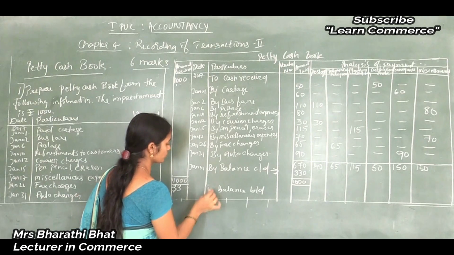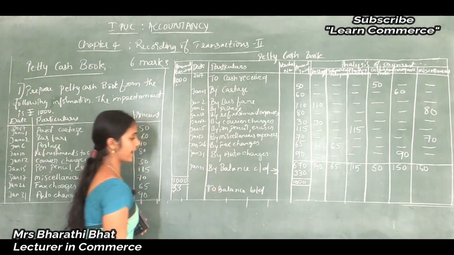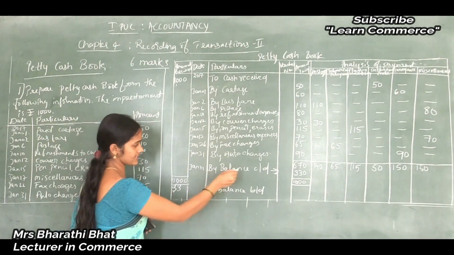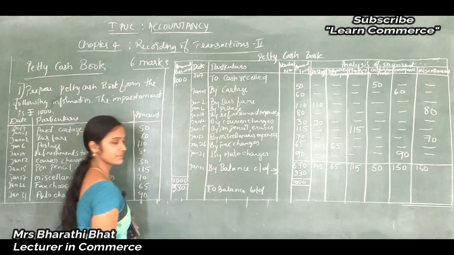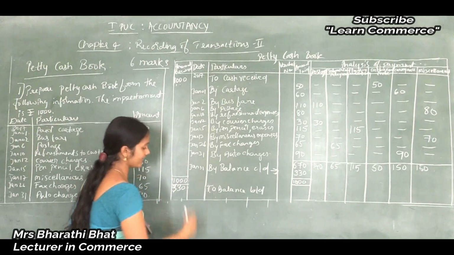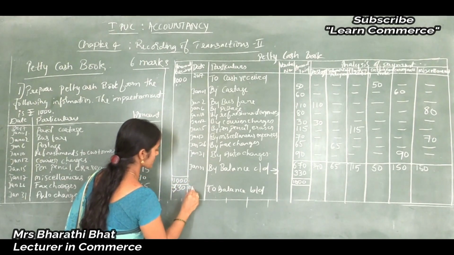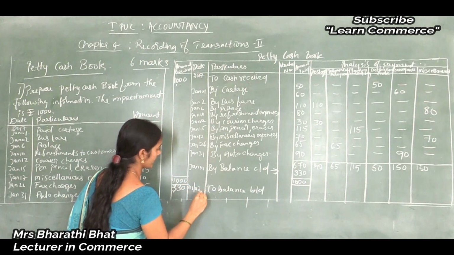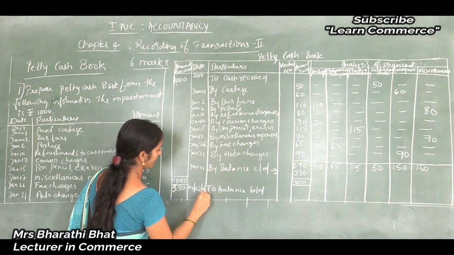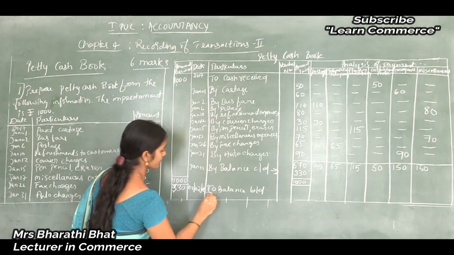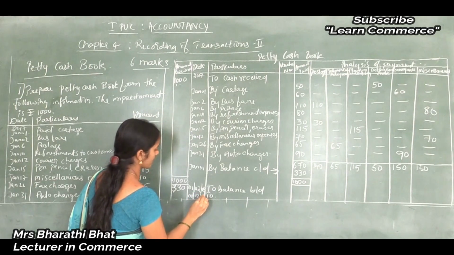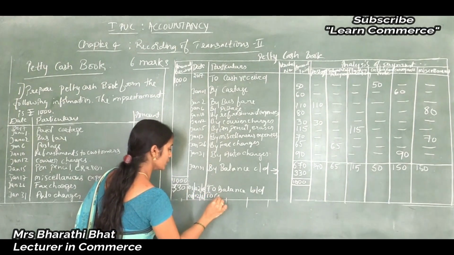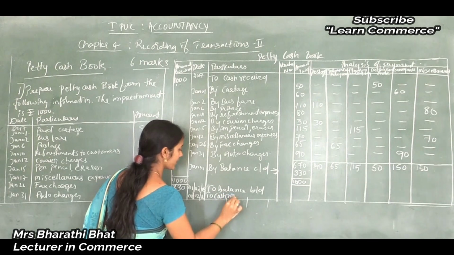Not "by", but "to": because it is "by balance carried down", it is "to balance brought down", 330, the same amount. And the next step, 1st February, 18, to cash received.